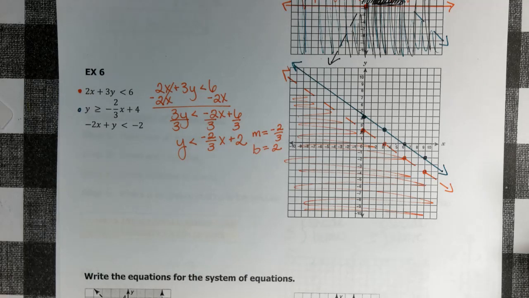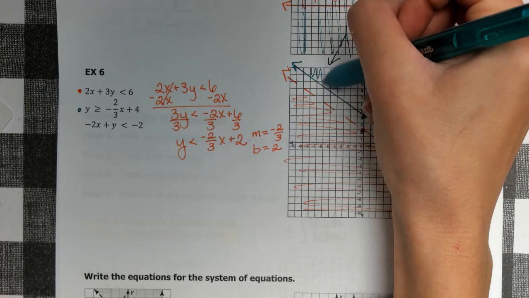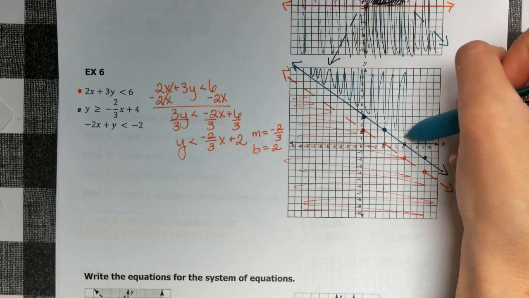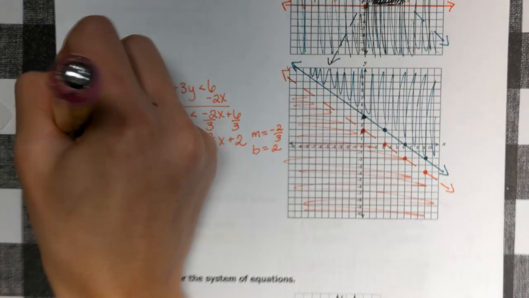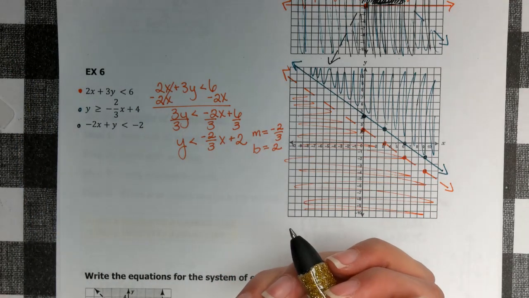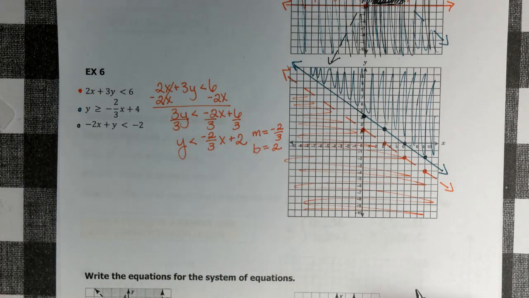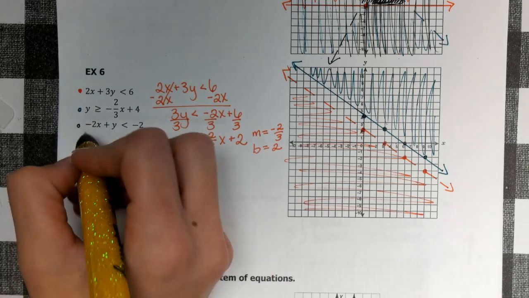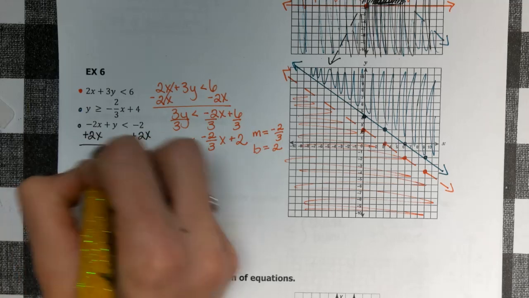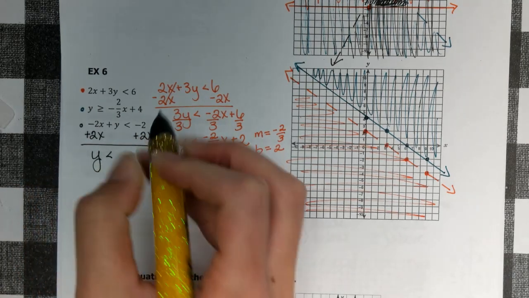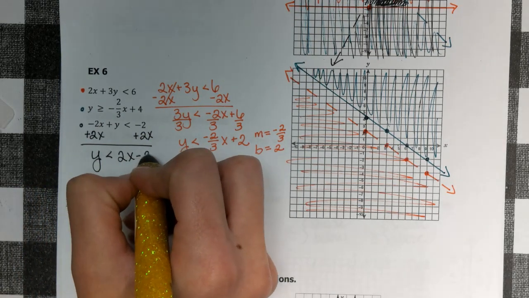Shaded where? My last one, I need to add my 2x. Y is less than 2x minus 2.